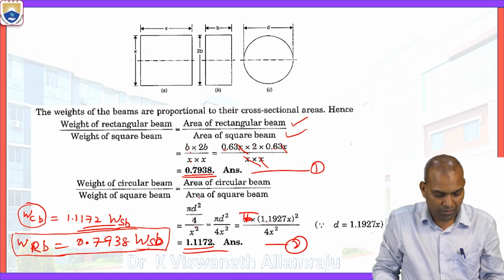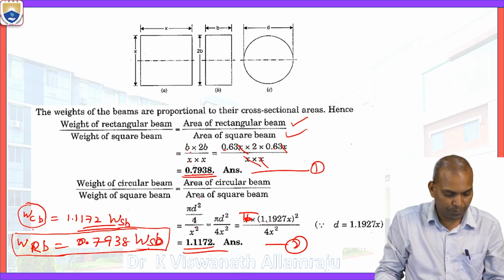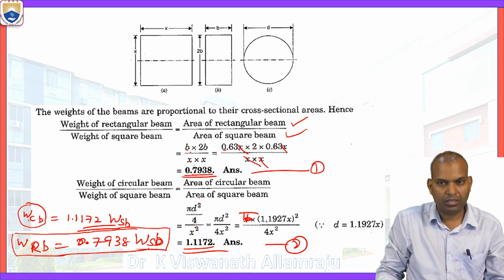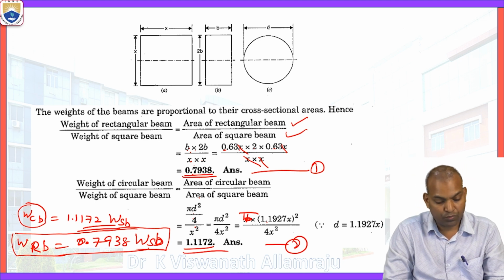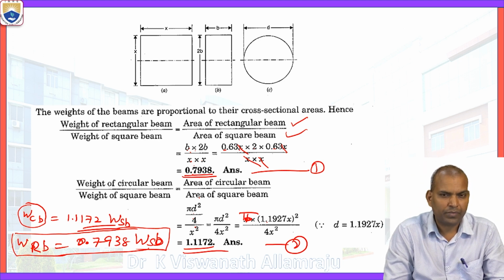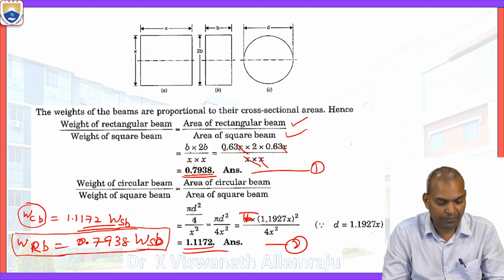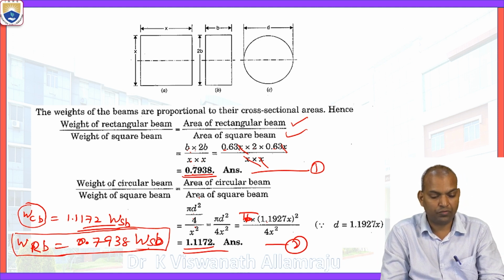So it is less than one value. The weight of circular beam is more than the weight of rectangular beam. That is in relation to the square beam.